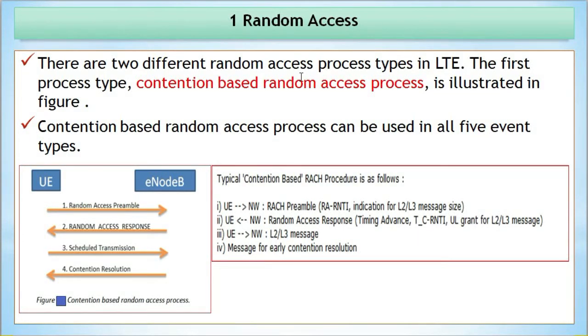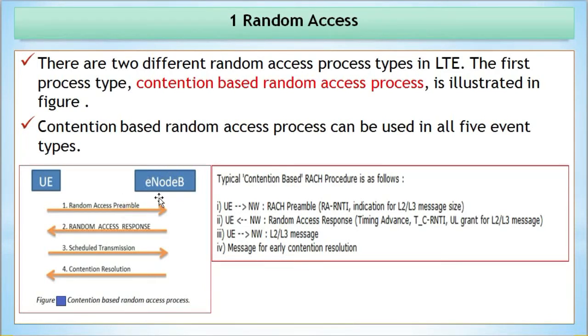The first process type, the contention based random access process, is shown in the figure here. The contention based random access process can be used in all 5 event types. Okay, here is the UE and here is the eNode B. In LTE, the first message sent by the UE to the eNode B is the random access preamble.